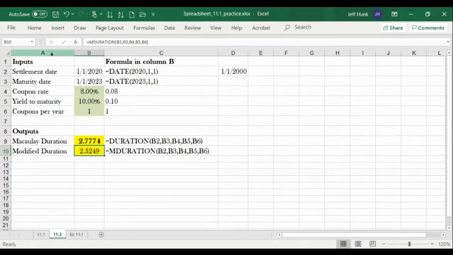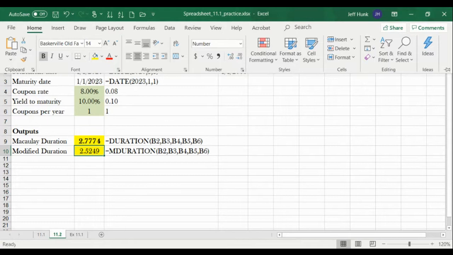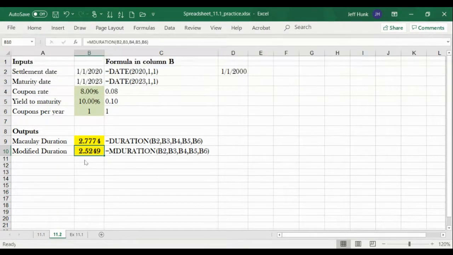And what is modified duration? Well, we can easily compute it: it's the Macaulay duration divided by 1 plus y. So all you need to do is try that, divided by 1 plus y.